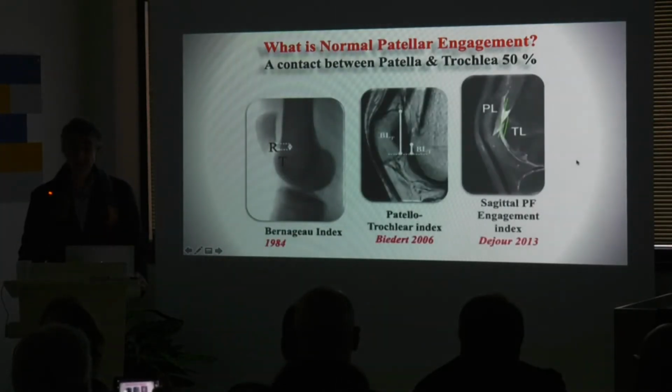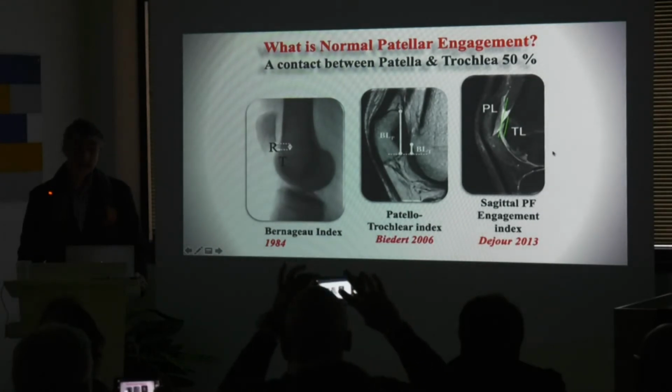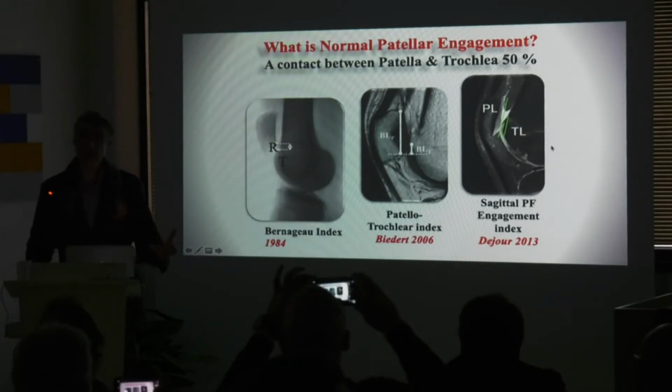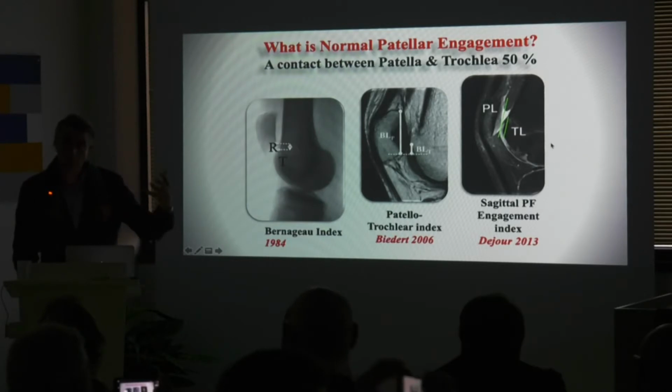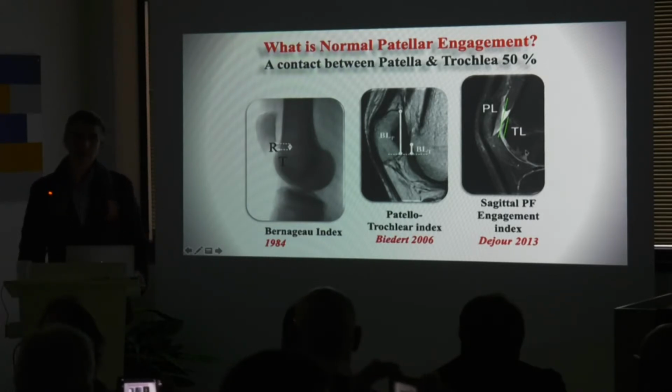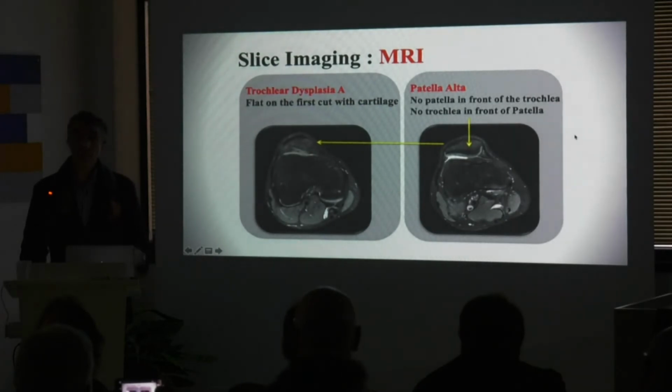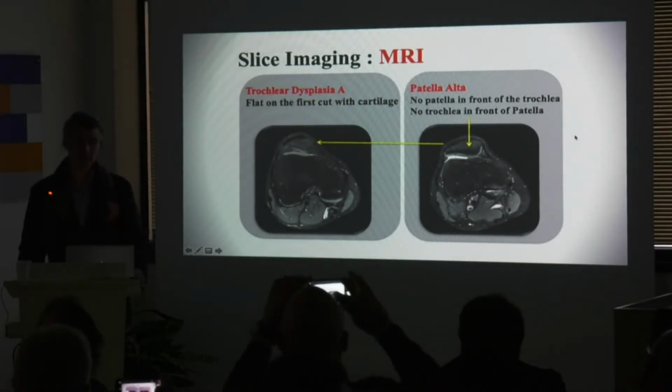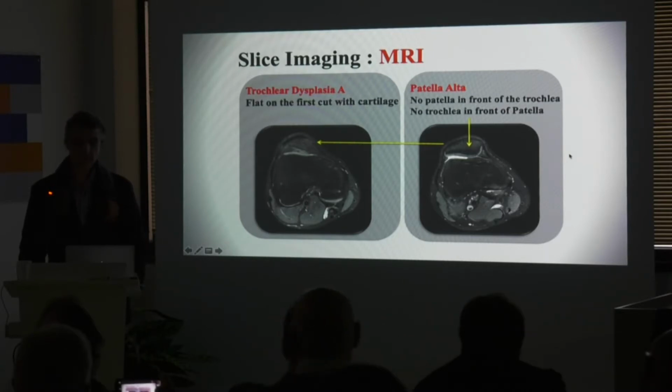And when to distalize would be according to the Caton-Deschamps index more than 1.2, but also according to the sagittal engagement index, because if you have no engagement, really I push you to do a mild distalization, just to put the patella in the trochlea.